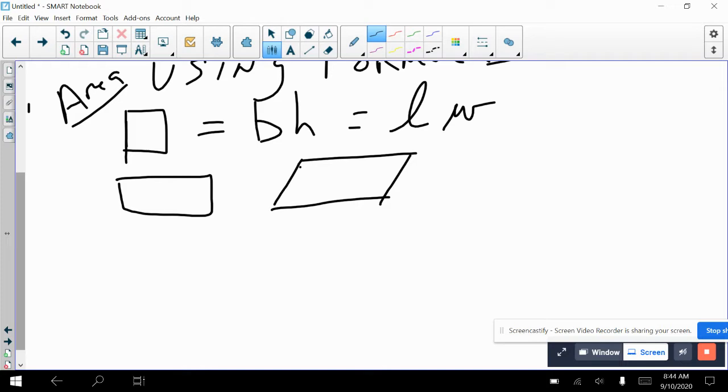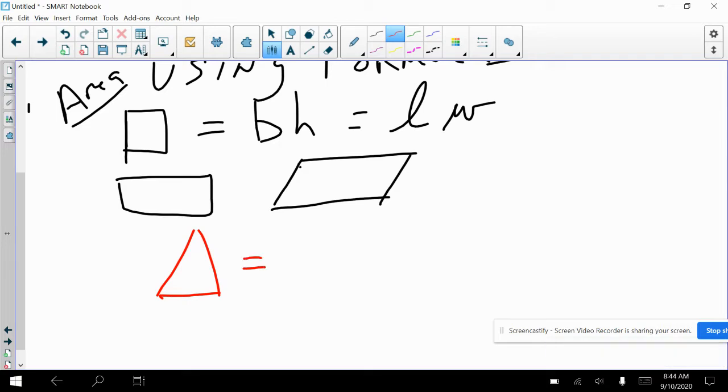All right, next one. What about a triangle? What would our formula be for a triangle? Well, if it was base times height, then we would have put it up with the other 3 figures.